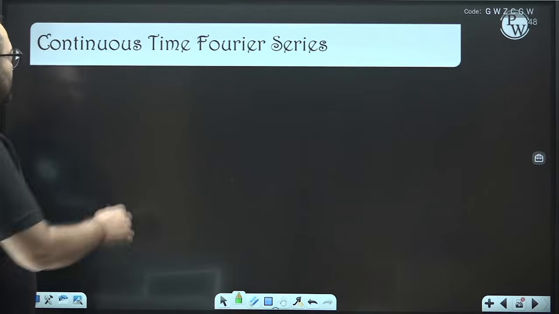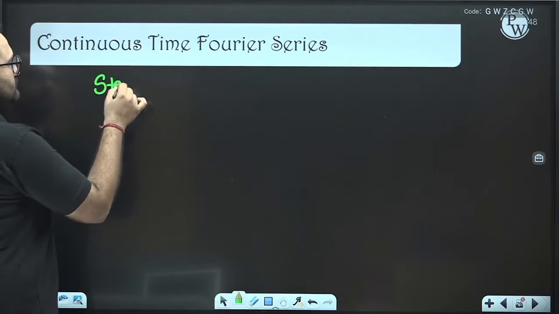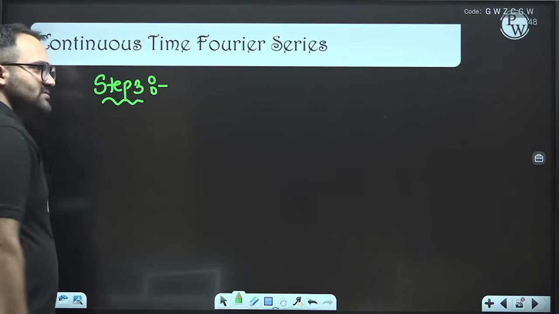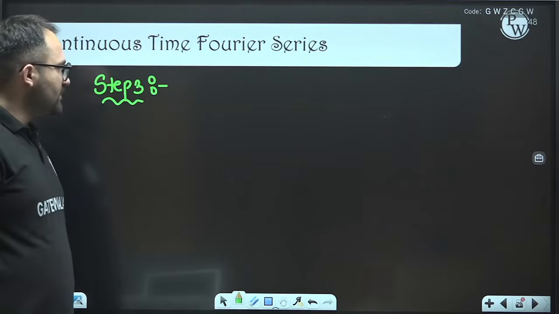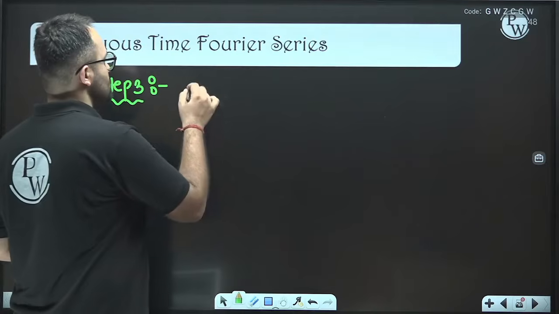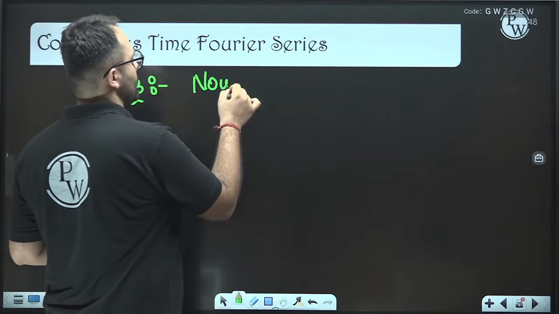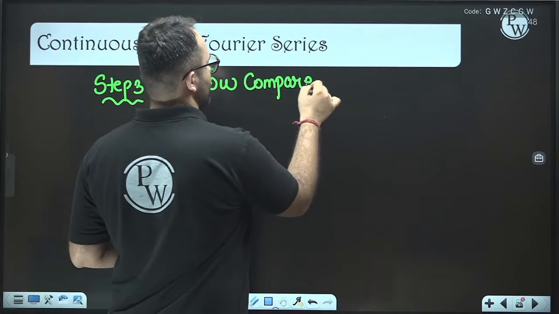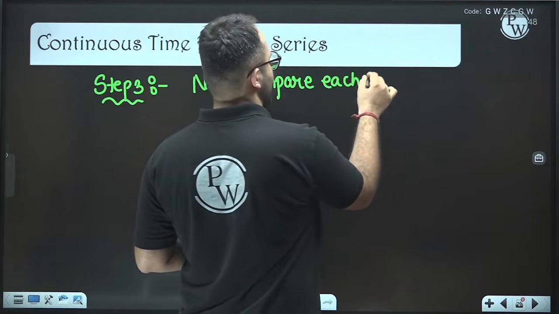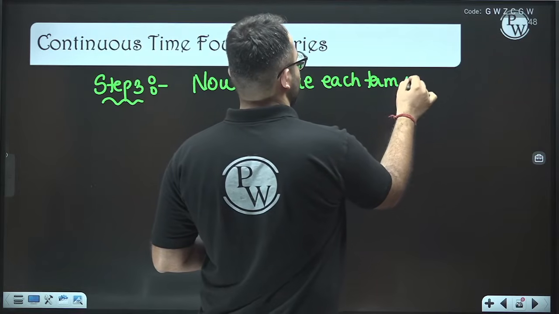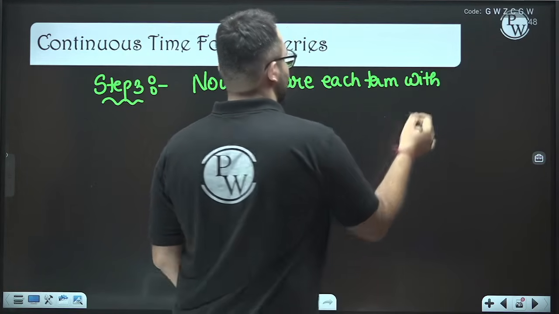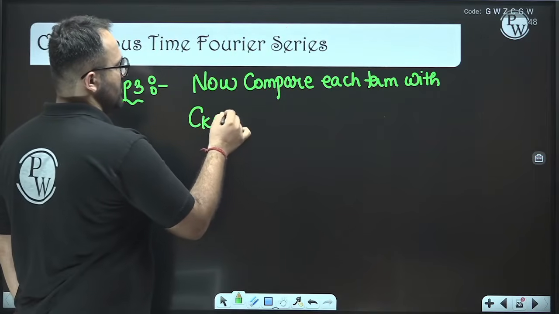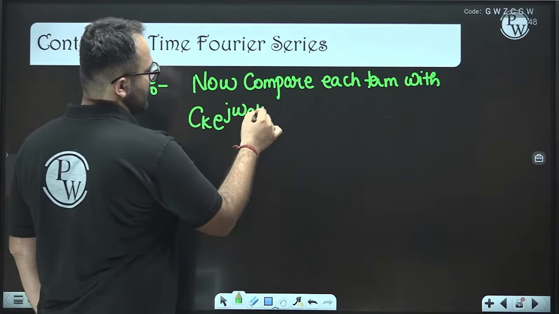Now step 3 is that we have to compare each term with ck e to power j omega naught kt.